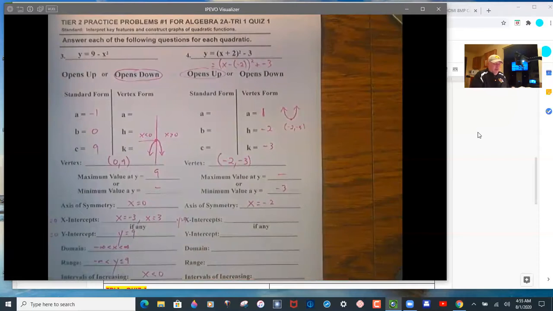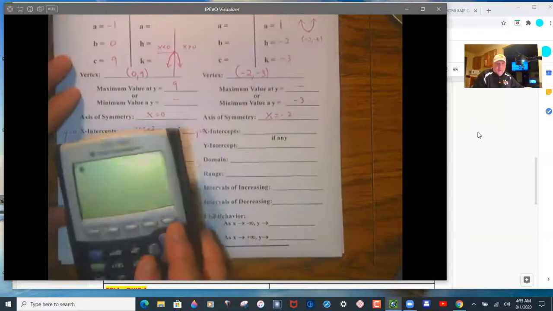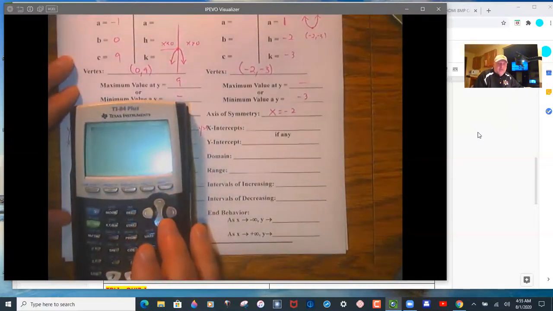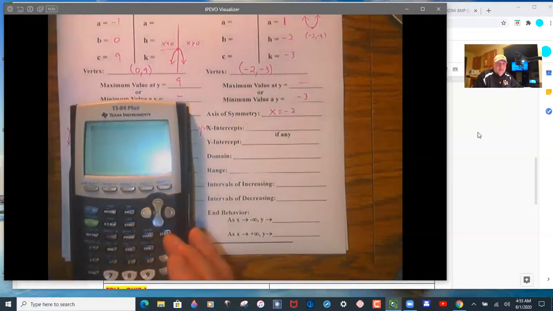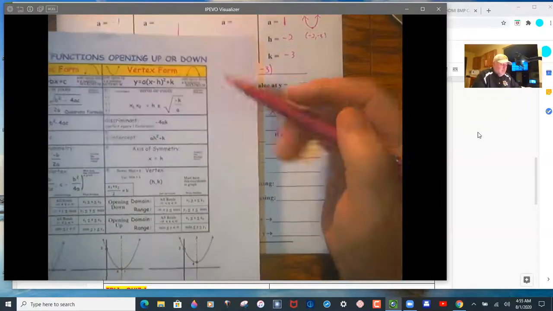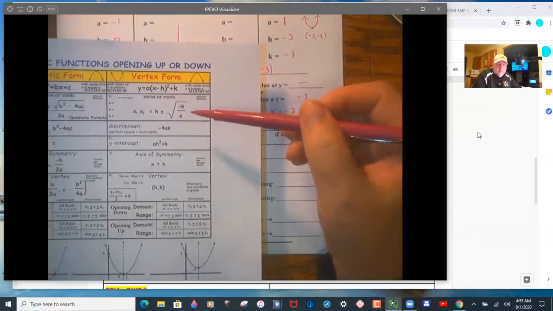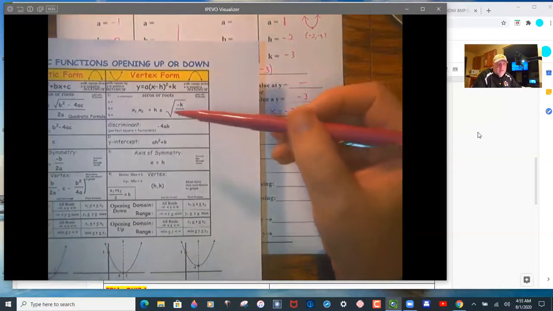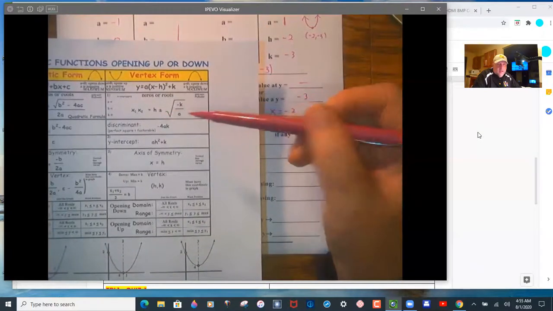And this time, so this is where I'm going to make you work. This time they don't show up. So you either have to calculate them, use your zero finder, or do this. Okay, h plus and minus the square root of -k over a.